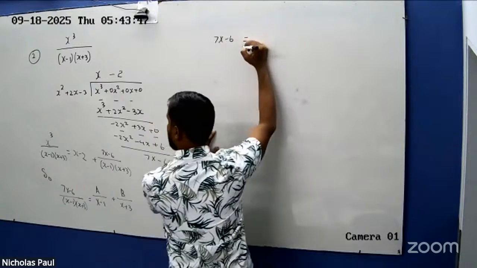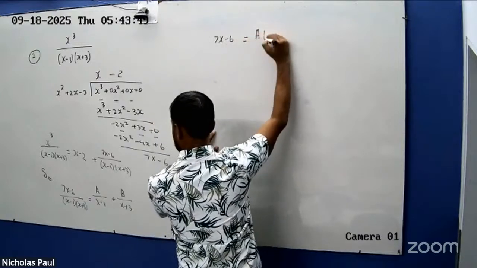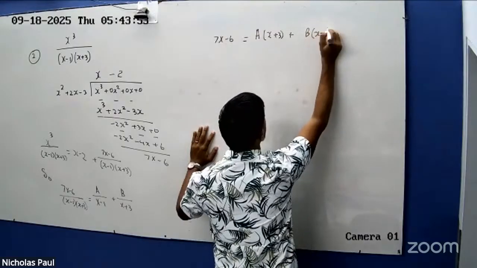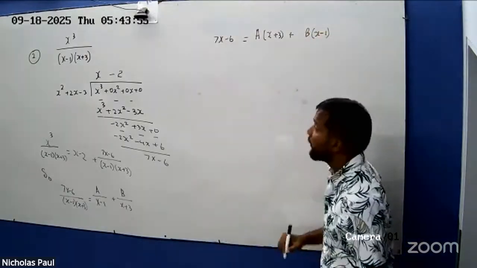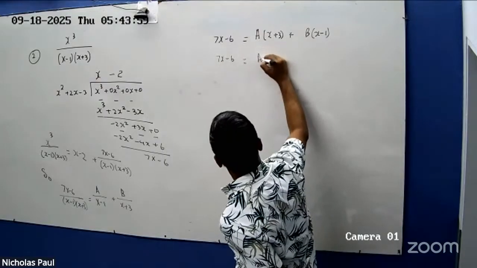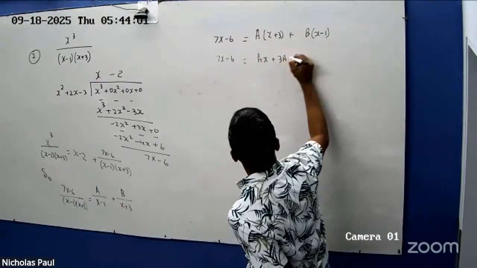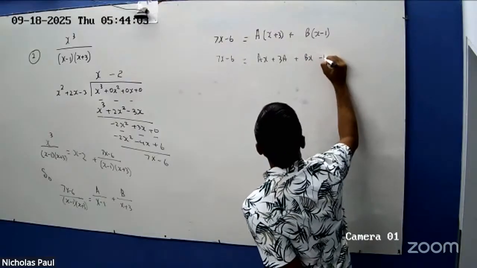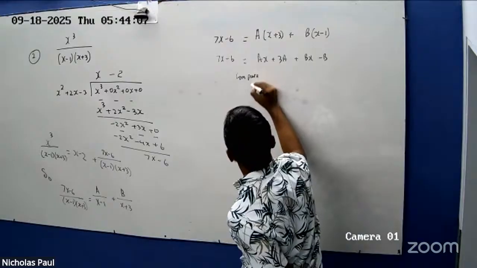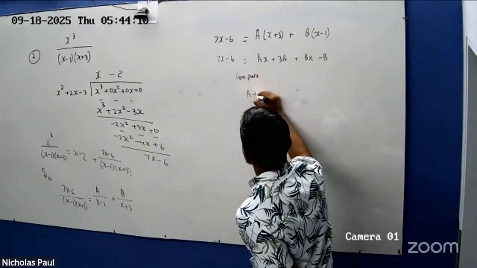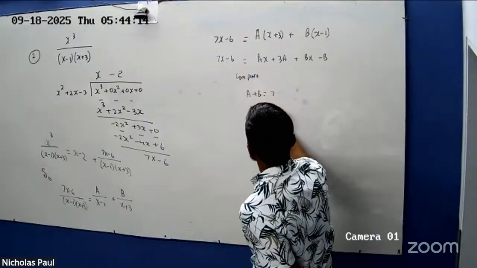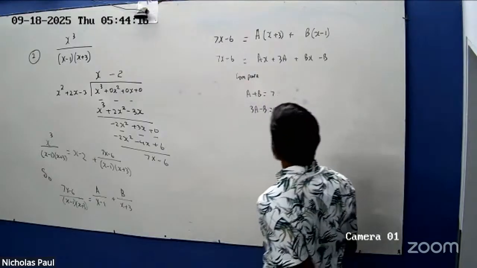Right? So you multiply it out. I'll do this one in full, right? No mental thing. When we compare, it will be A plus B is 7, and 3A minus B is minus 6.